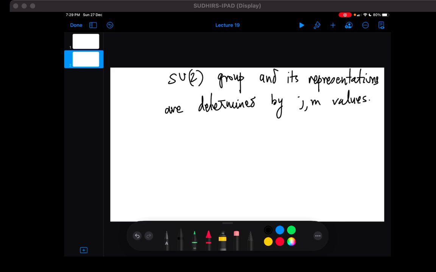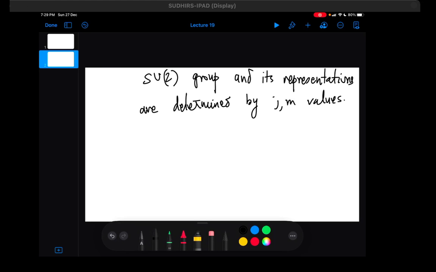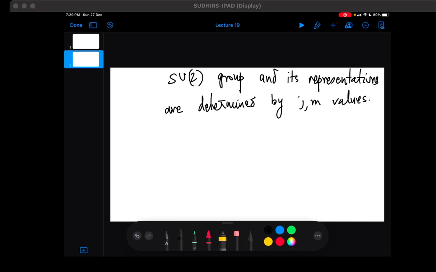For a given value of J, you can actually compute what the M values are, and accordingly we can compute the entire structure of the representations.